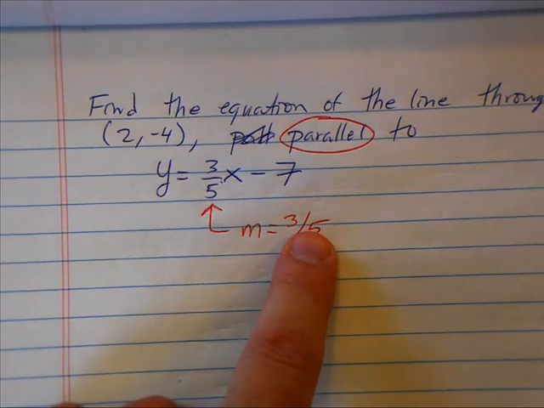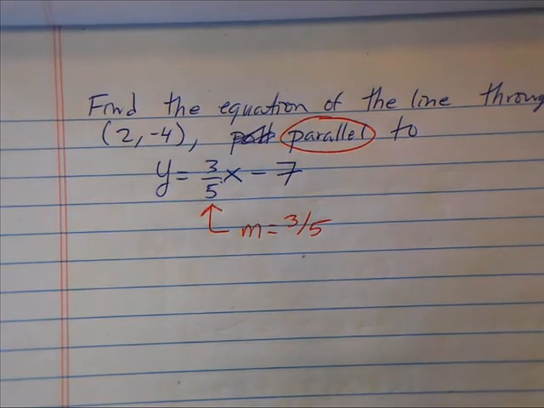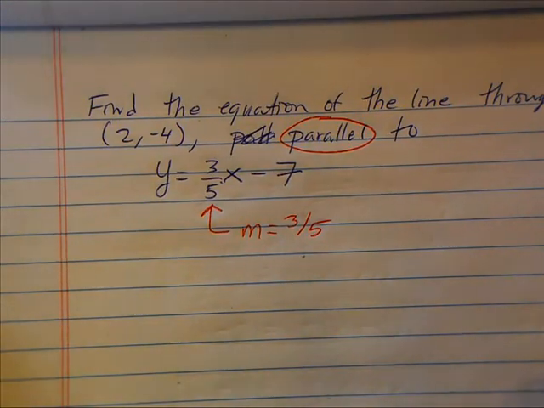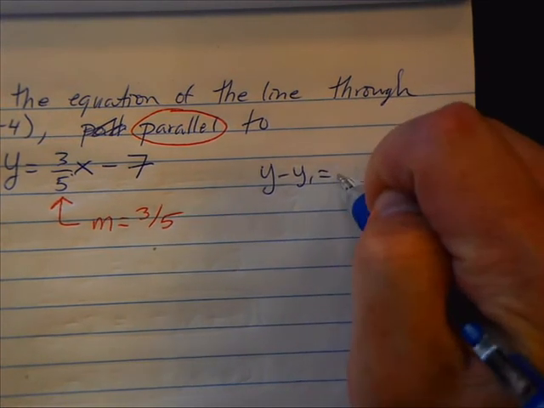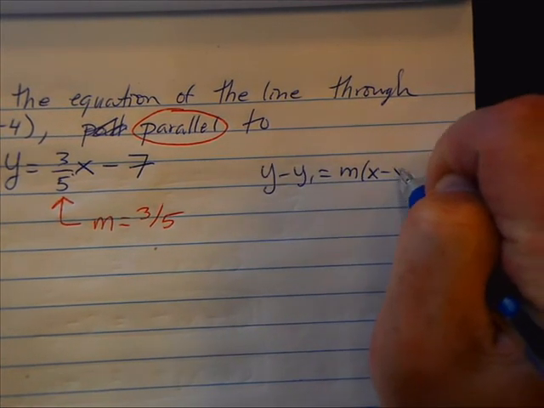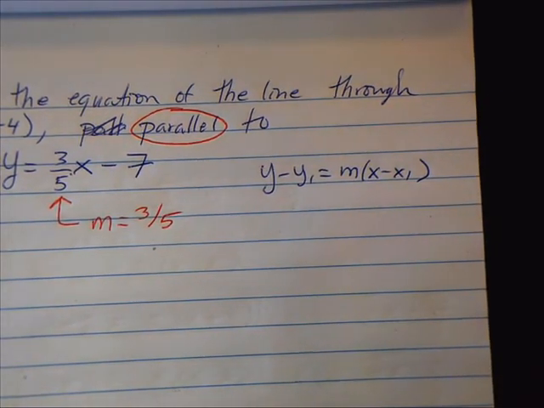If I know the slope is 3/5 and I have a point, can I find the equation of the line? Yeah, and again, I have two choices. I can use y equals mx plus b, or I can use y minus y1 equals m times x minus x1. Again, this is my opinion. You can do it whichever way you prefer. Personally, since my slope is a fraction, I prefer y minus y1 equals m times x minus x1, because then I don't have to do any adding or subtracting with fractions.